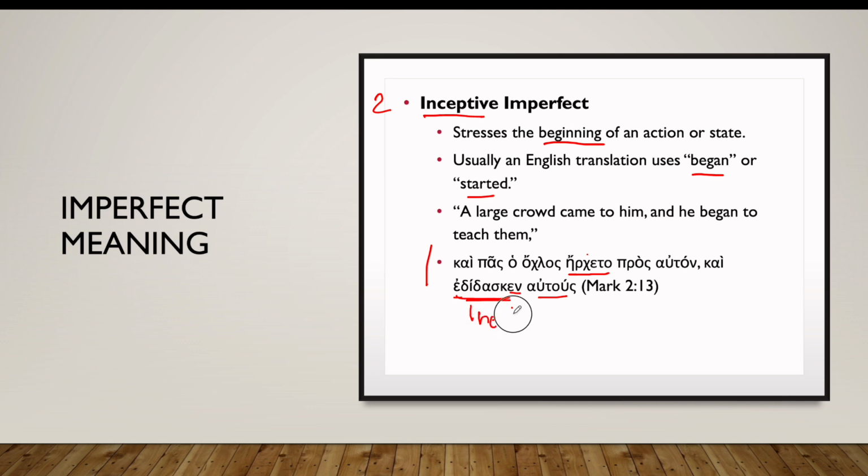He began to teach them. So we know from context that they're revealing an action of the crowd coming to him. And as the crowd came to him, he began to teach them. And so there's an inceptive idea with this.